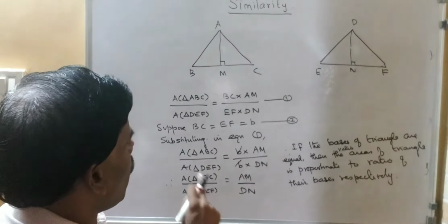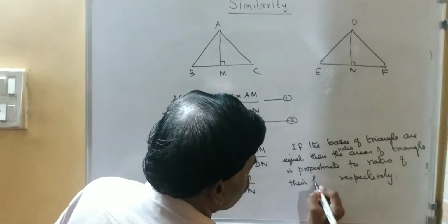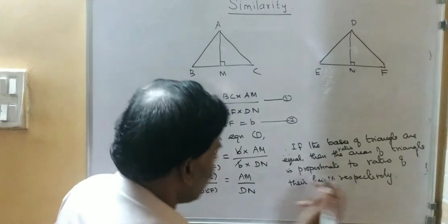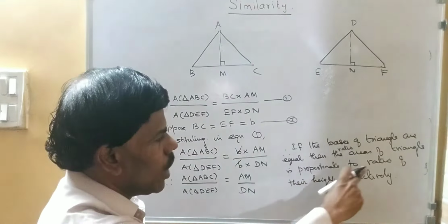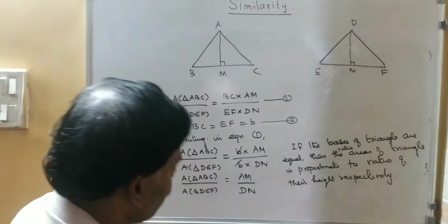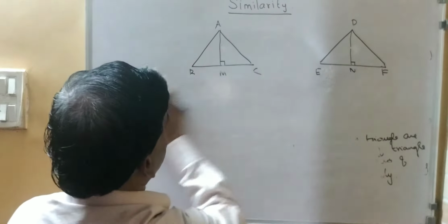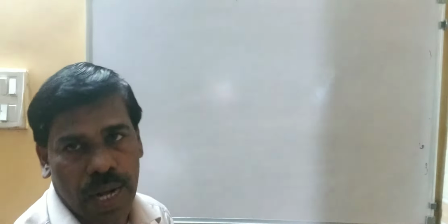Now here, the base is same. So the ratio of their areas will be proportional to the ratio of their heights. These 3 are very, very important. Now we will do certain problems, then you will understand.